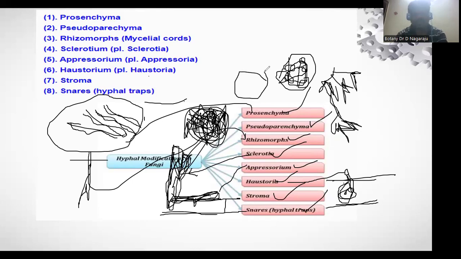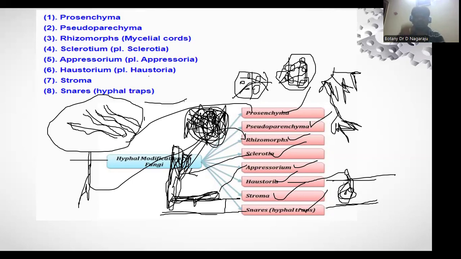If it is in between the host cells, that is intercellular, the mycelium hyphae penetrate and occupy between the host cells. Intracellular, intercellular, vesicular, arbuscular, and multi-branched. These are the five types of haustoria.